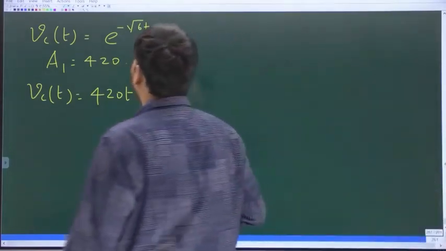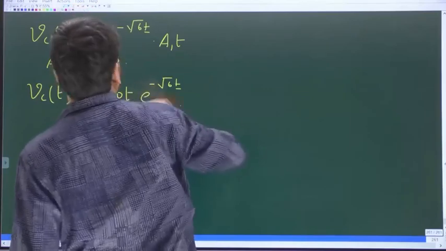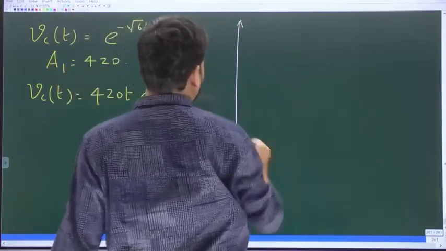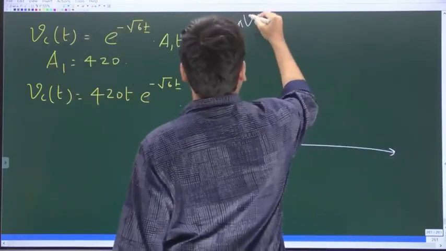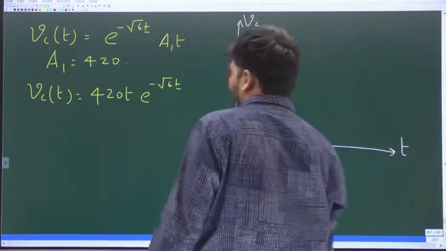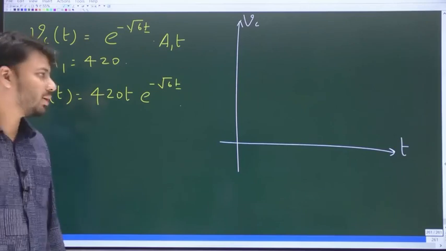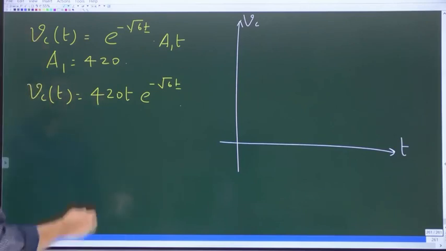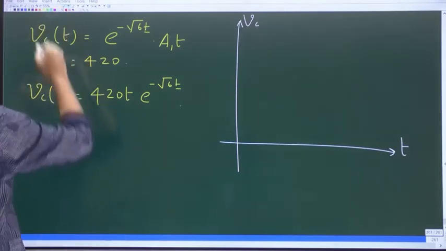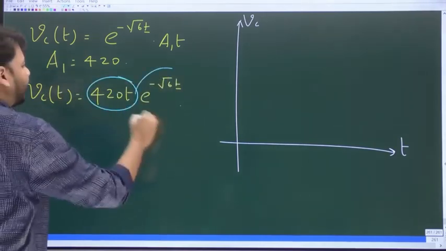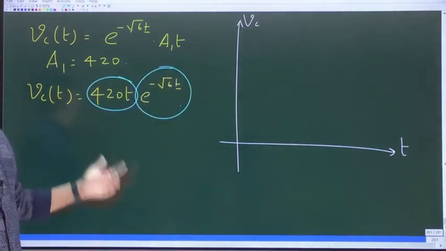Okay. Now let us just plot Vc versus t. If you look at the expression for Vc of t, does it not consist of two functions? One is 420t.